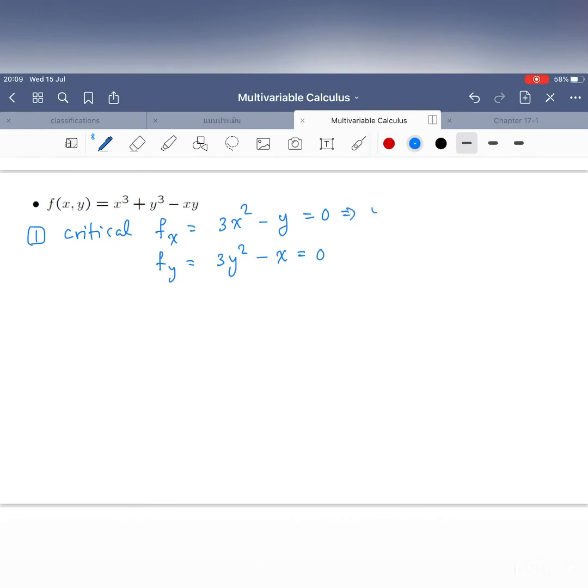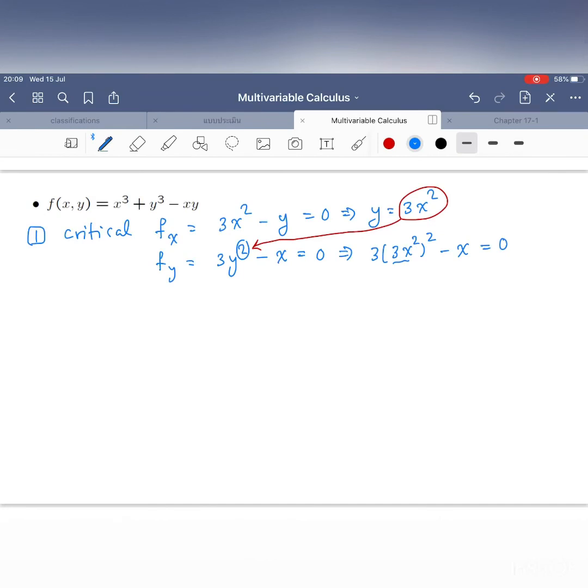You can say that, hey, from this one, your y is 3x squared, and then you can simply replace your y by 3x squared here. So you have 3 times y, you see here's the y, and then you still have another square like that, minus x equals 0.